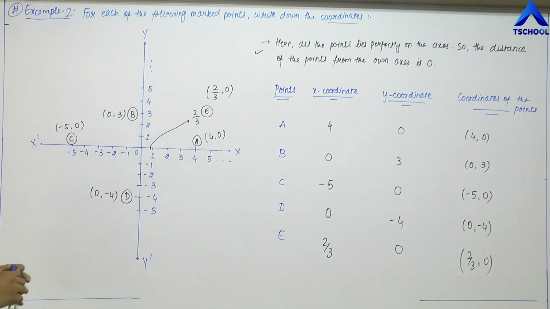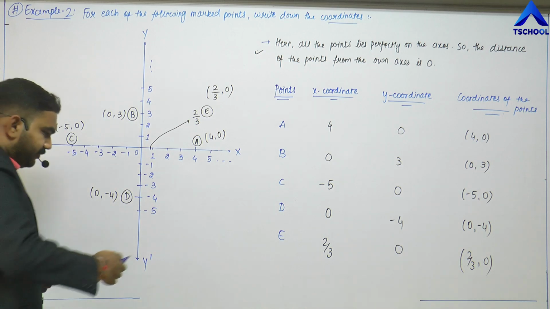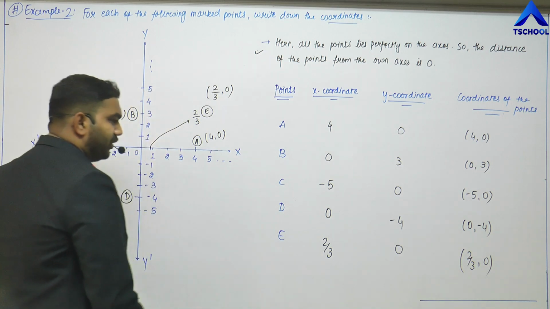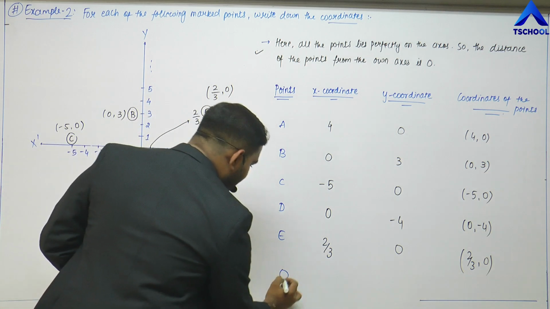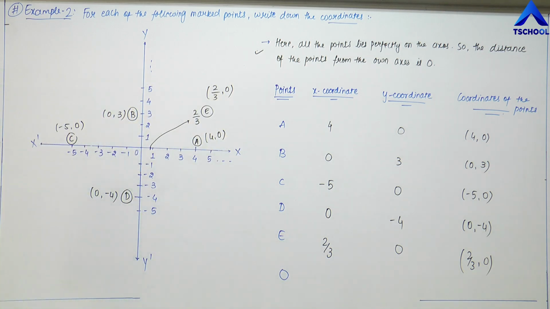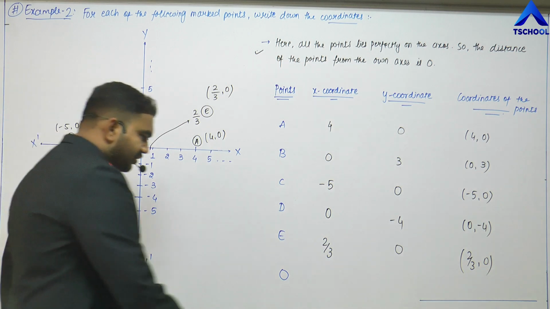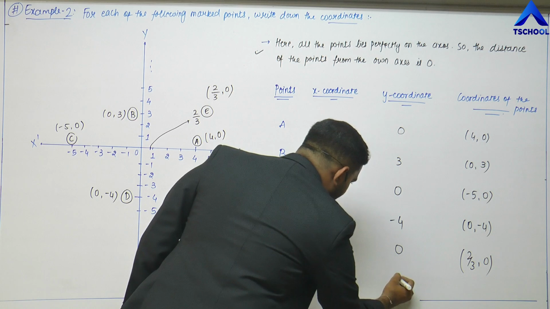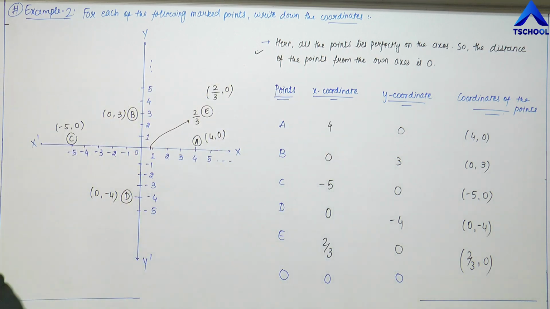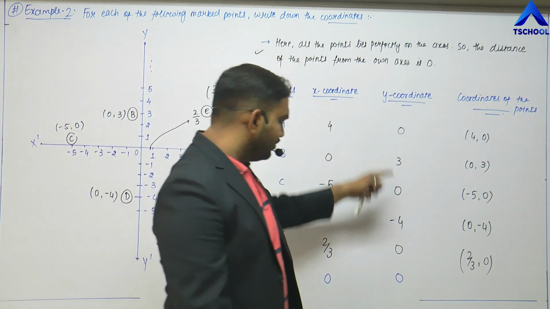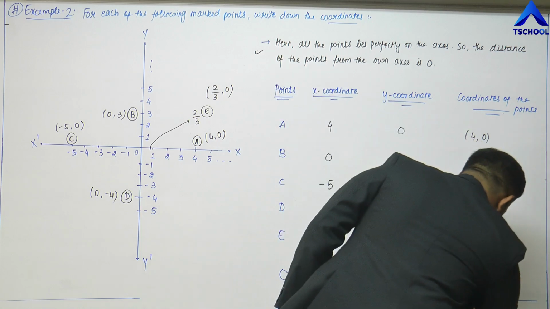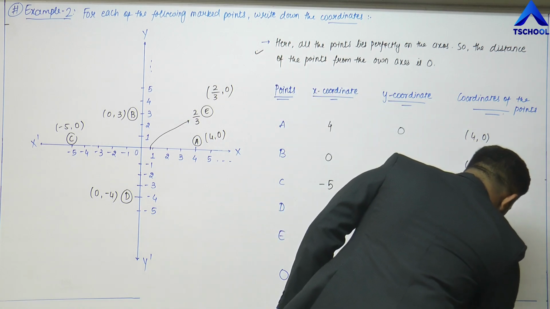One more thing I would like to add here is, if the point is exactly at the center, the origin, then what? The distance of both the coordinates will be 0, because it is starting from the origin, and hence the x coordinate is 0, the y coordinate is also 0, and the coordinates of the origin are 0 comma 0, right?